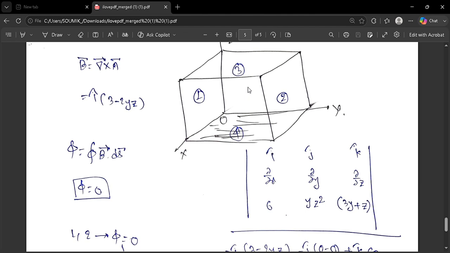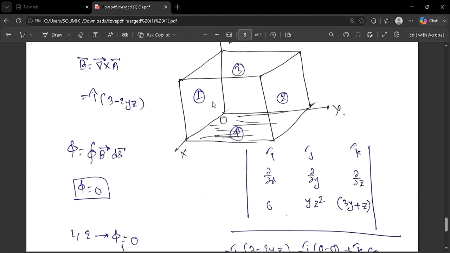And for these two surfaces at x equals 0 and x equals a, I think a is equal to 1 here. For x equals 0 and x equals 1, for the x equals 0 surface, y and z are fixed and the area vector is along minus i cap. The x equals 1 surface is basically one plane, and its area vector is oriented along plus i cap, while for the x equals 0 surface the area vector is oriented along minus i cap.